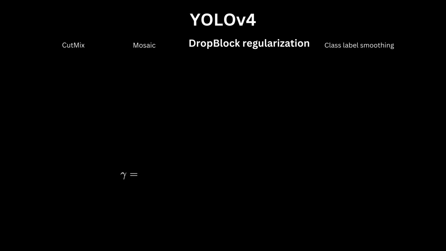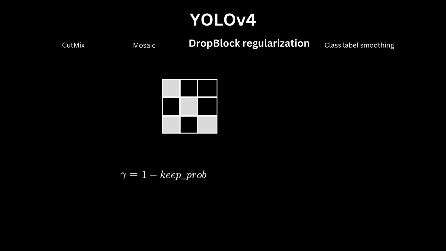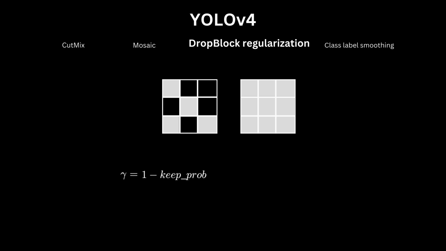Now assume that we want to drop 50% of regions in the final feature map. To do this, we can't really sample a mask such that 50% of cells within it are 1. Why? Because as a result of max pooling, each of these entries with 1 will be expanded to block size square times.